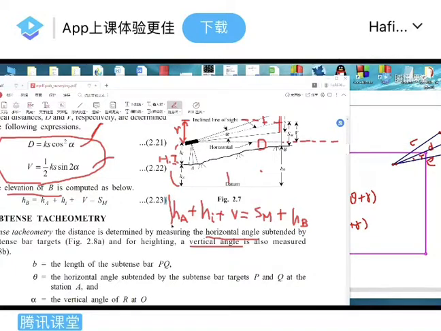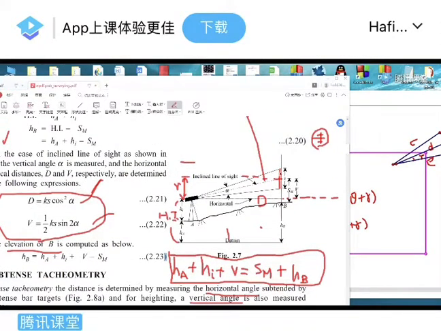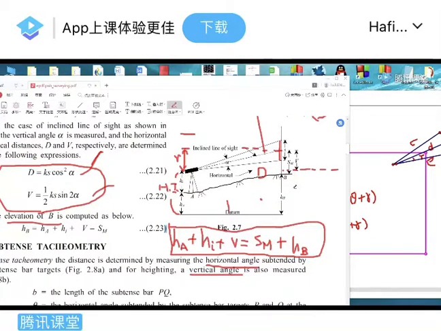A different kind of case will result in a different kind of formula. In this case in particular, the guy is holding the subtense bar. But since this machine can also read SM, he is bringing two tools.